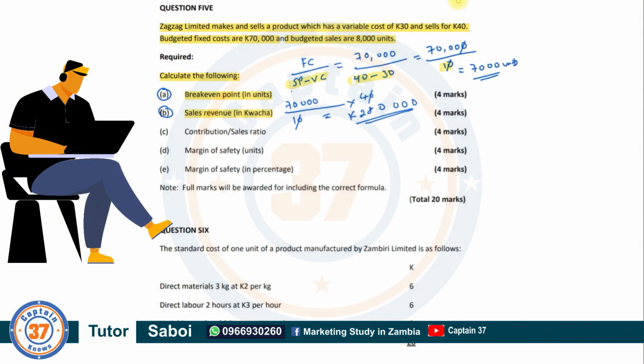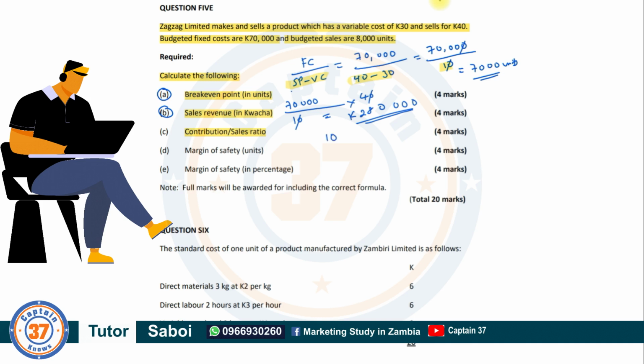C, we are supposed to calculate the contribution over sales ratio. Again, this is something that can easily be done. I hope you are following carefully and understanding what is happening. So what is the contribution? We already calculated it to be 10.